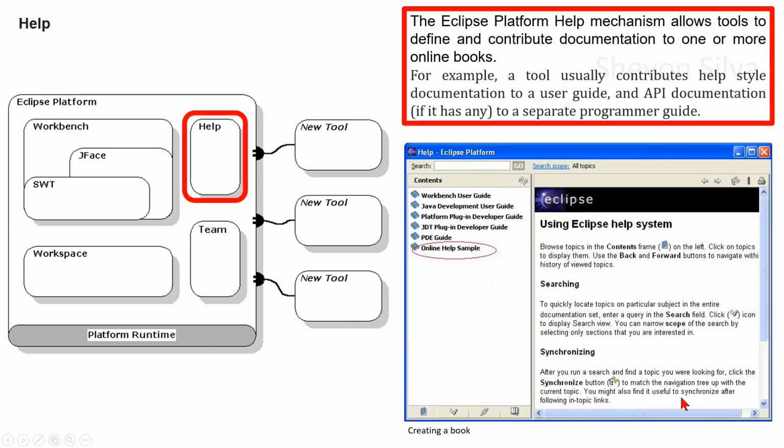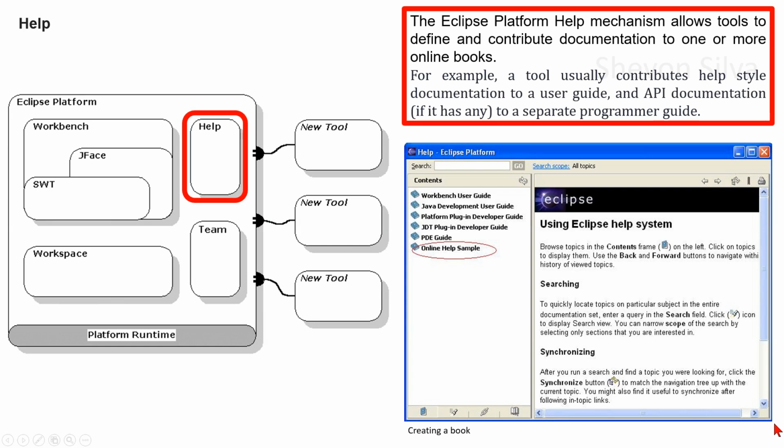Now we are focusing on help. The Eclipse platform help mechanism allows tools to define and contribute documentation to one or more online books. For example, a tool usually contributes help style documentation to a user guide, and API documentation if it has any to a separate programmer guide. Here you can see creating a book.